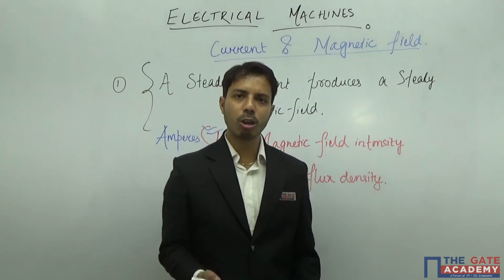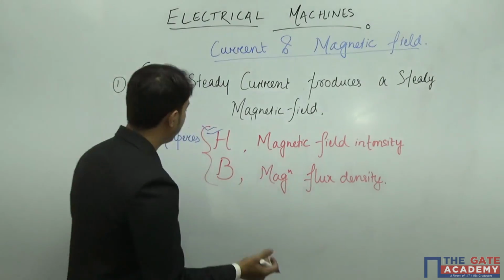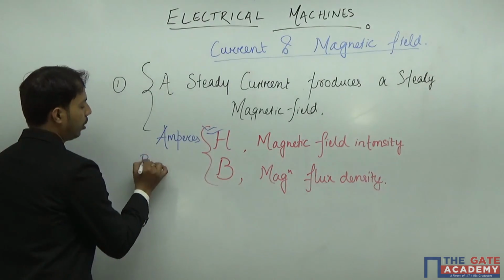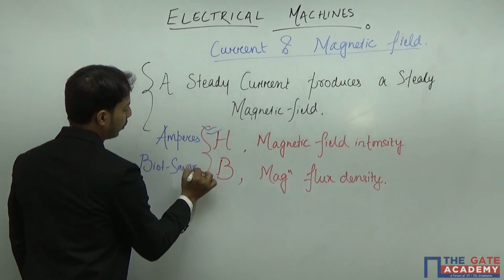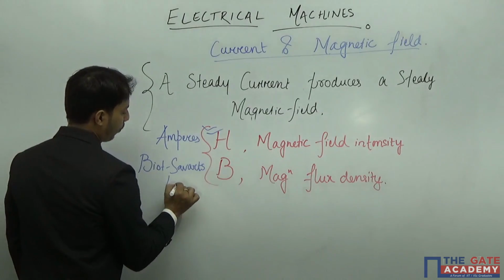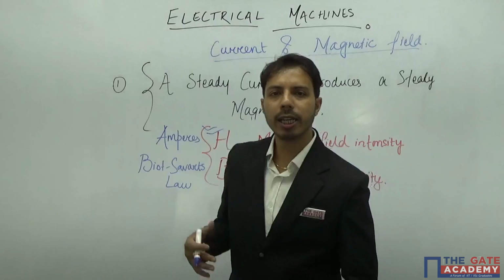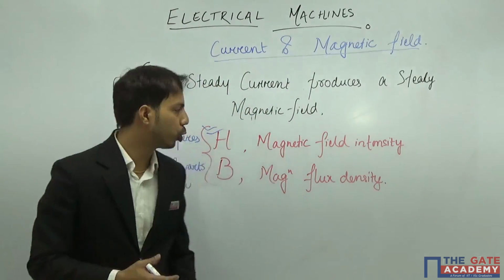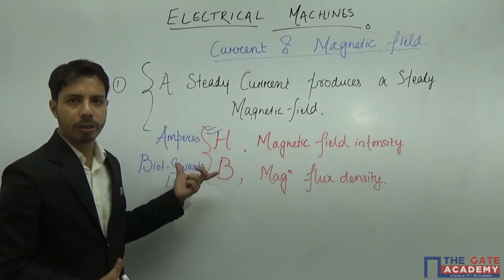There is one more law, a more generalized version of Ampere's law, called Biot-Savart's law. You will study all these laws in EMT. What I am trying to show you is where these laws have evolved from.